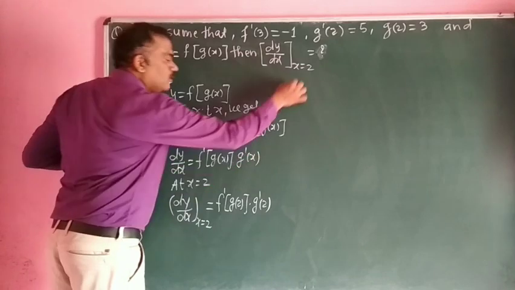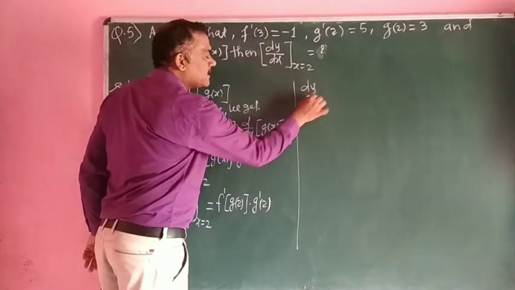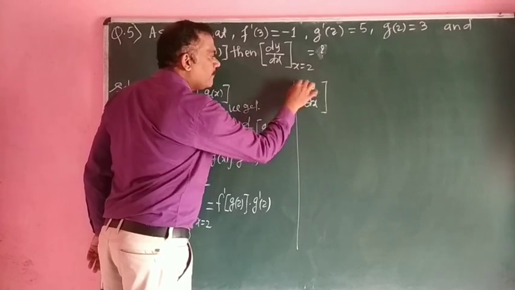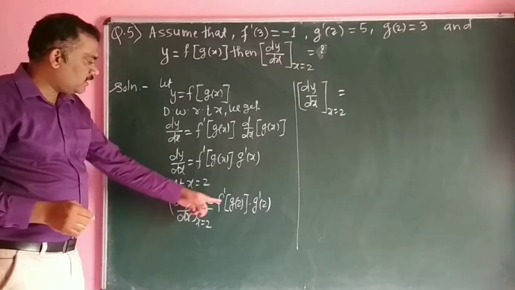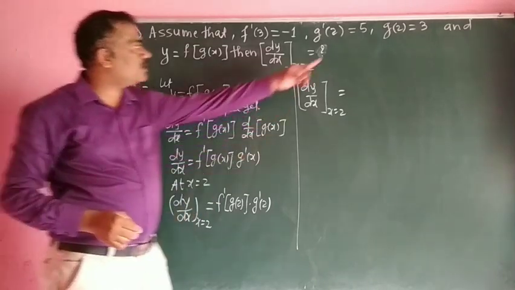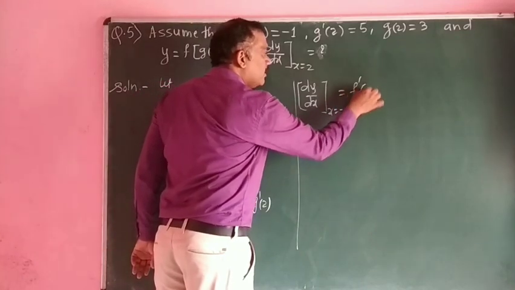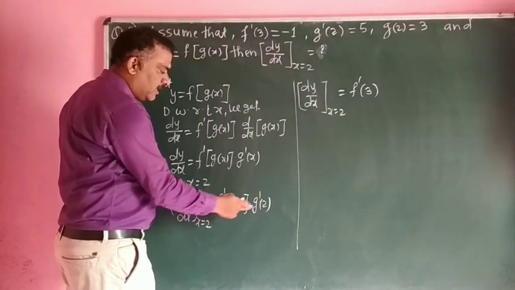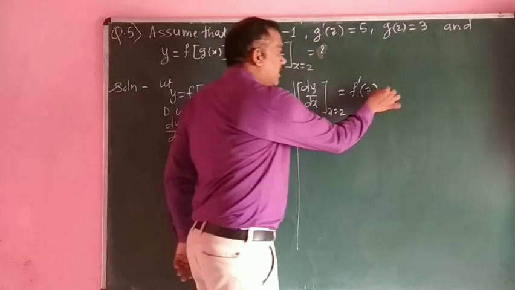Now what is the value of g of 2? G of 2 is nothing but 3. So we get f dash of 3 into g dash of 2, and g dash of 2 is nothing but 5.